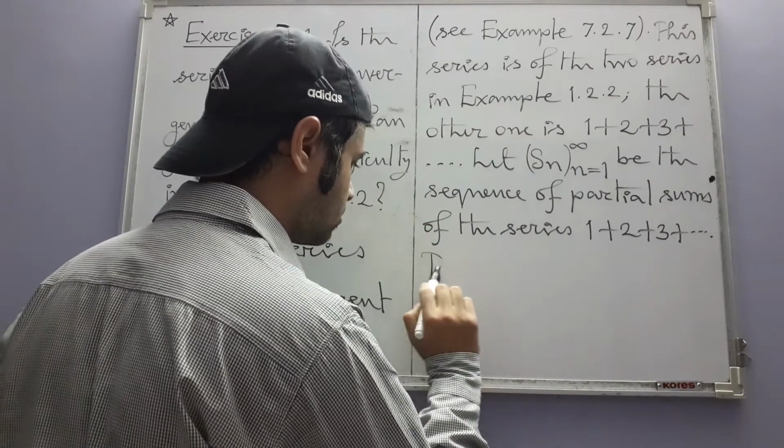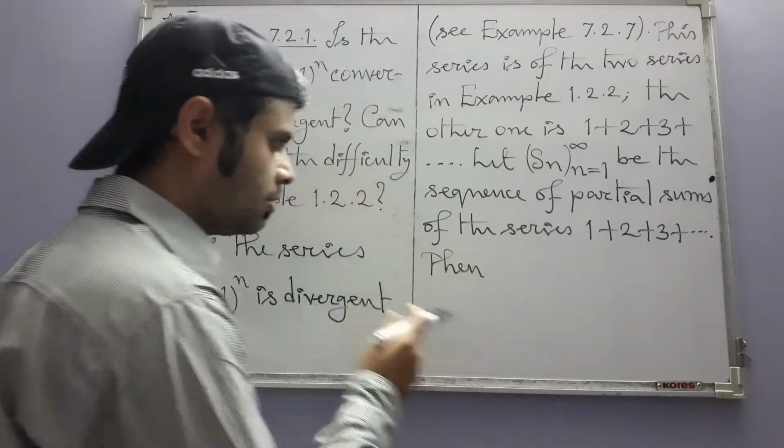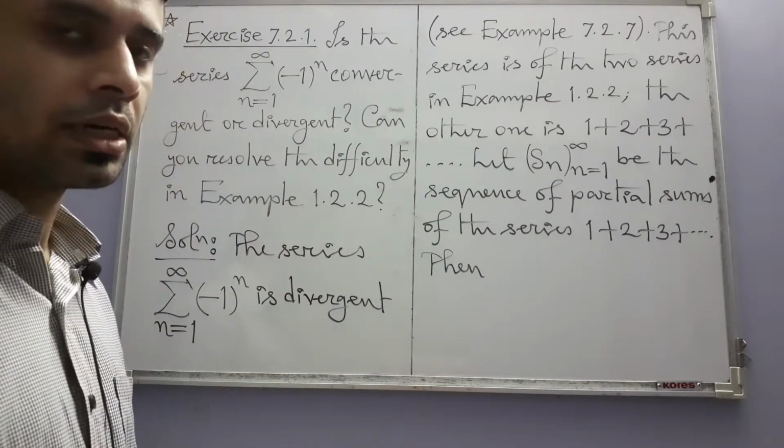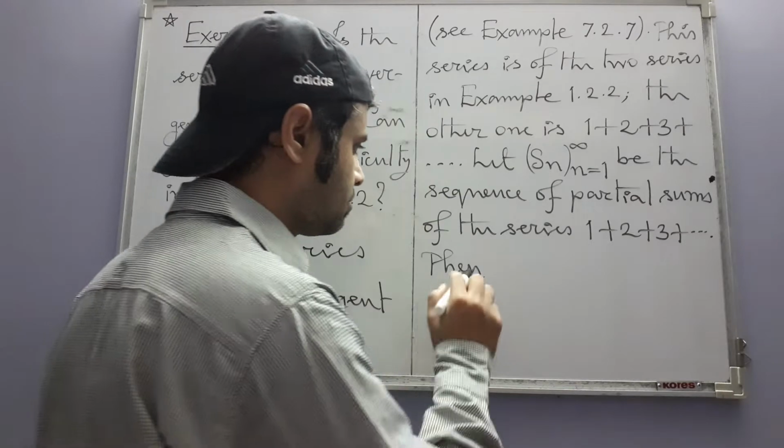Then, from using a well-known formula for the sum of the first n positive integers, we get this.